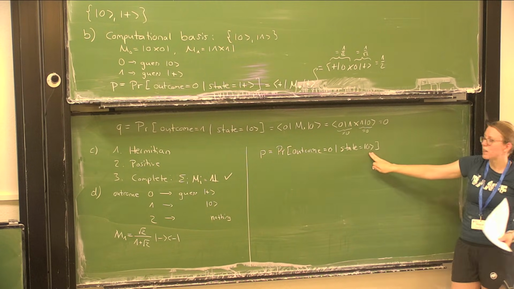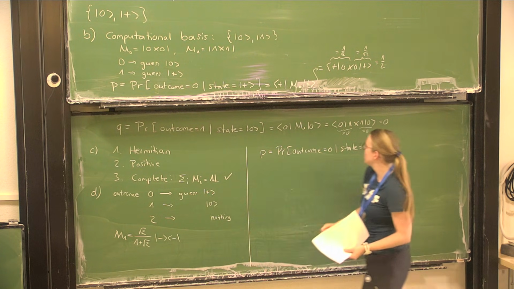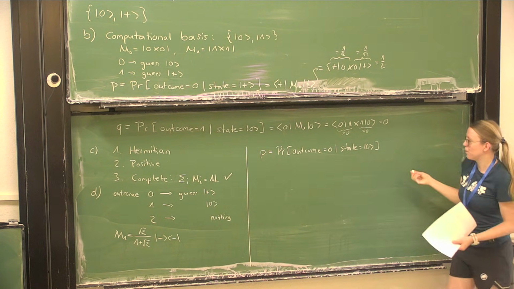This is where we make an error, because now in our strategy, when the outcome is 0 we guess plus. So if the original state was 0, this is an error.